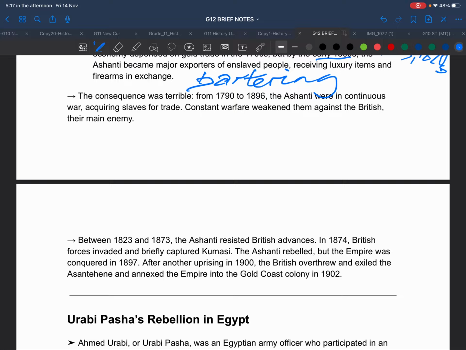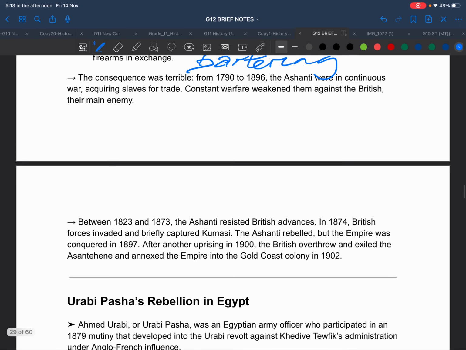And those slaves were taken to America. Constant warfare weakened them against the British, their main enemy. They had a weakened stand.